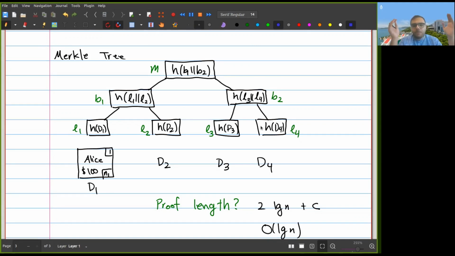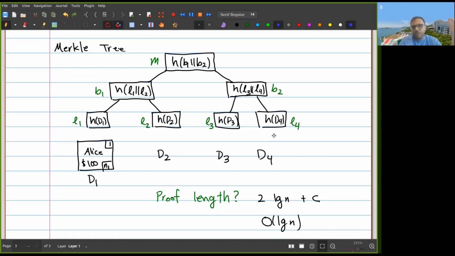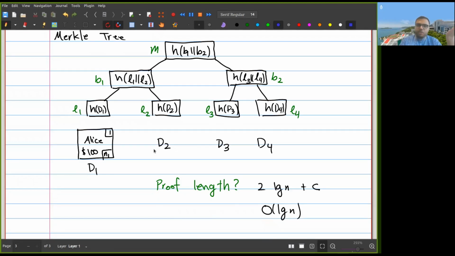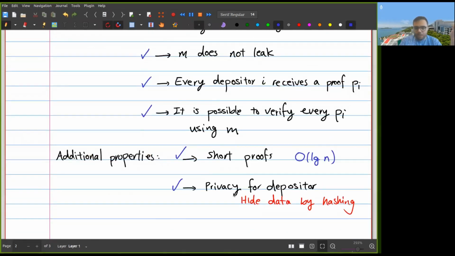So even if someone somehow magically finds out all the information in my tree, so let's say someone has made a lot of deposits, and as part of the proofs that they received all of the tree, so they can somehow recreate the entire tree, they would only see the hashes of all these deposits. And since we are assuming that the hash function is one way, there is no way for them to get any information about the deposits themselves, right? So I have this kind of privacy as well.